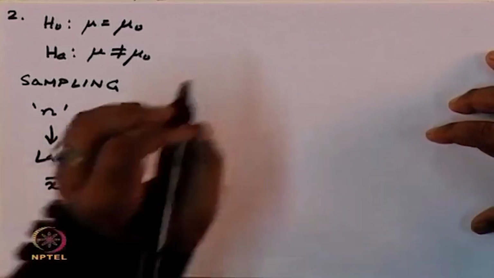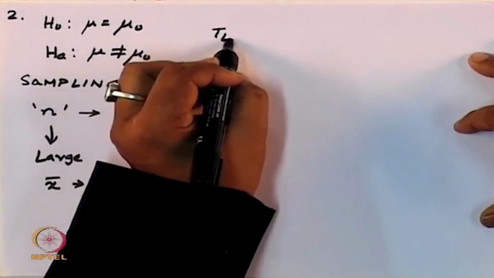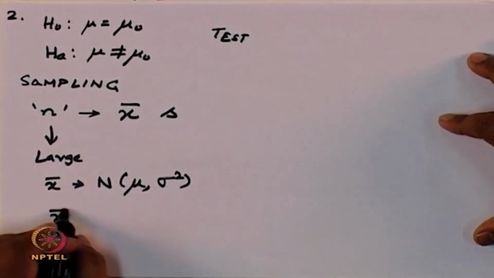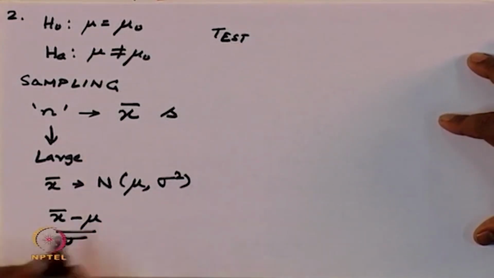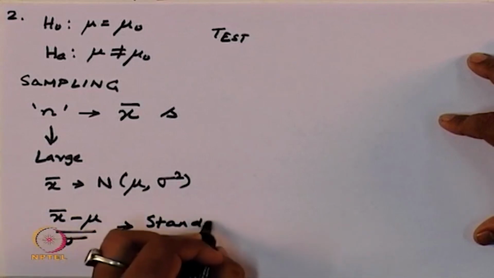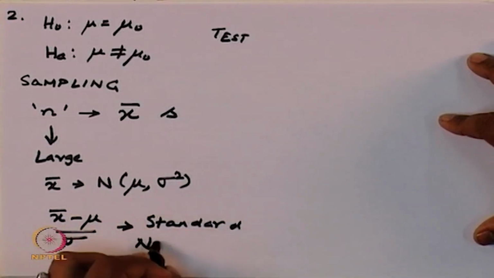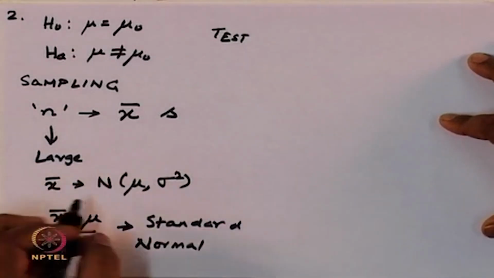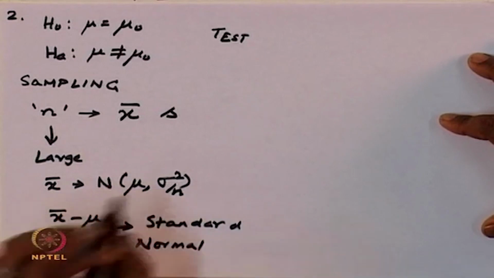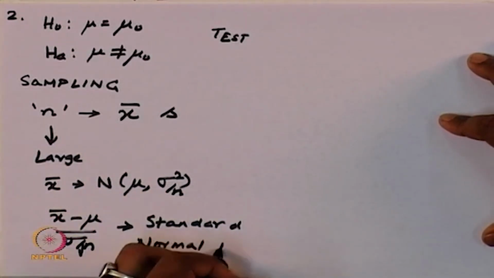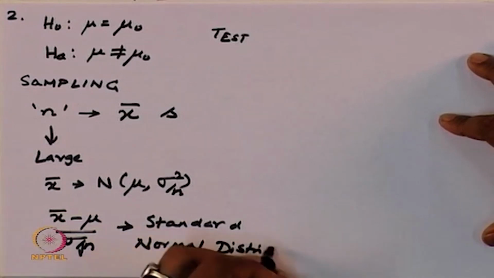So, I can compute a test statistic. If x bar follows this, then x bar minus mu divided by sigma by root n, where the variance is sigma square by n, should follow a standard normal distribution.